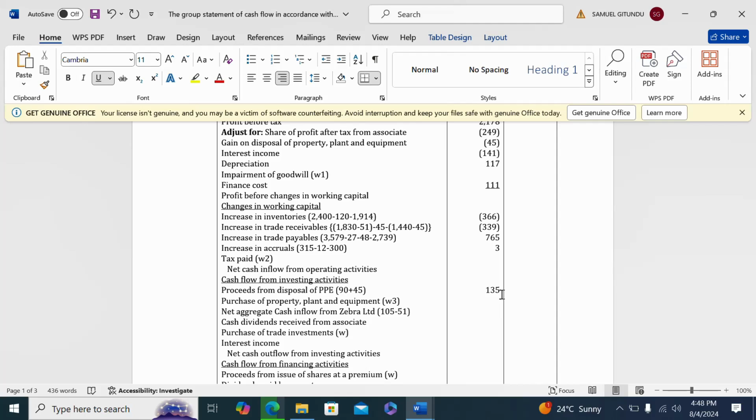I'm getting 54. So this is the aggregate cash inflow from the acquisition of subsidiary.